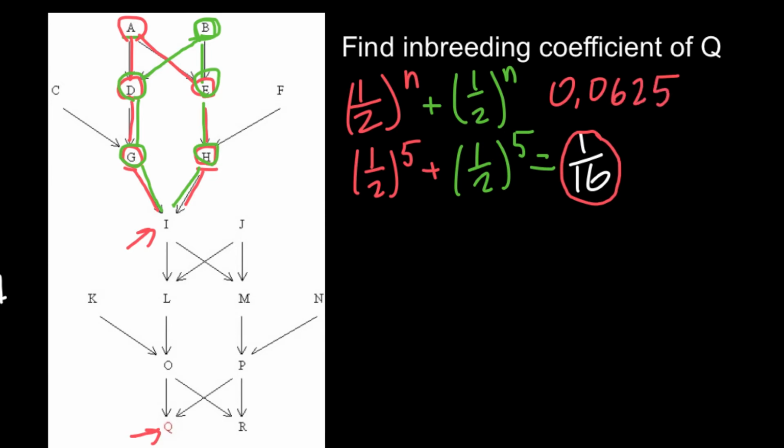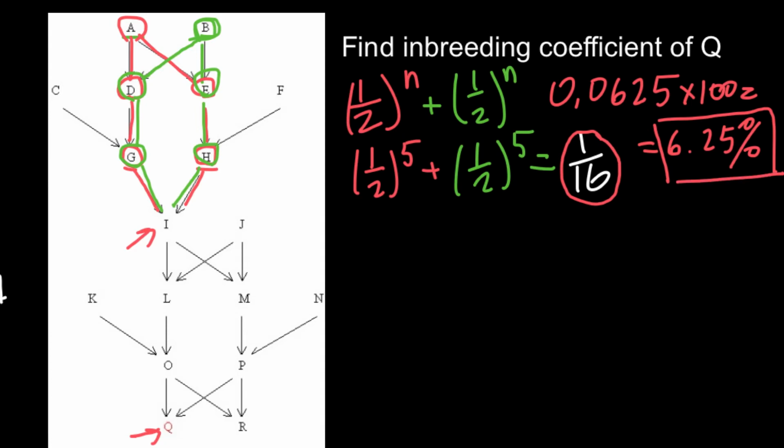If we need an answer in percentage form, we just have to multiply this number by 100. So if we multiply this number by 100, we are going to get 6.25%. As you see, this is going to be the inbreeding coefficient of individual I.